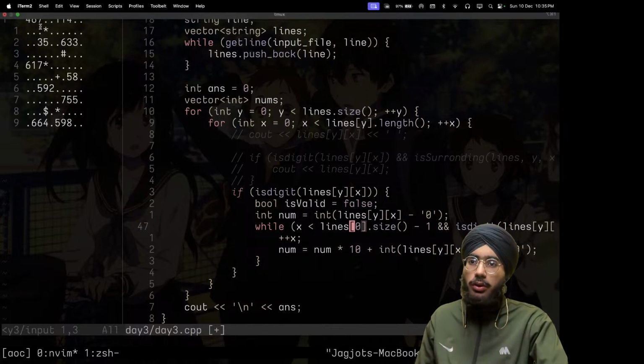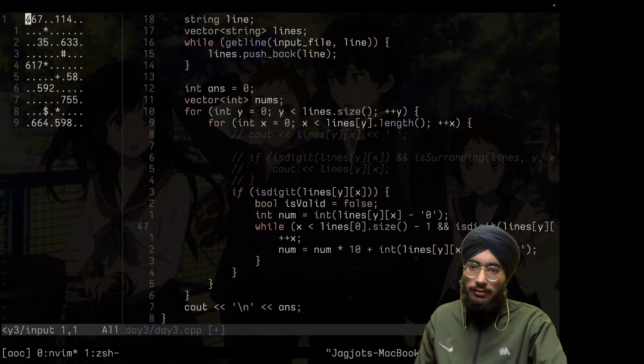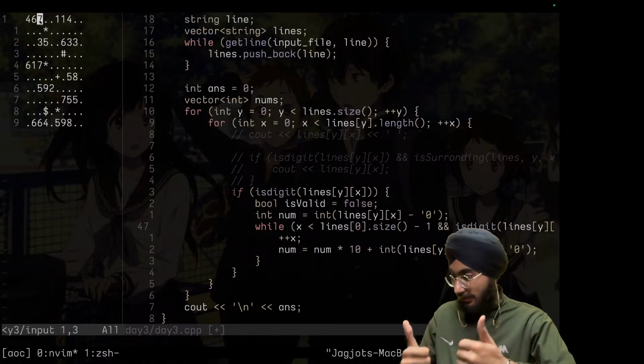And what we are gonna do is check if it is valid or not. Like when our x is here, line x and y, we're gonna check, and we're gonna update this whenever we increment x. Is this valid? No. Is this valid? No. Is this valid? Yes.